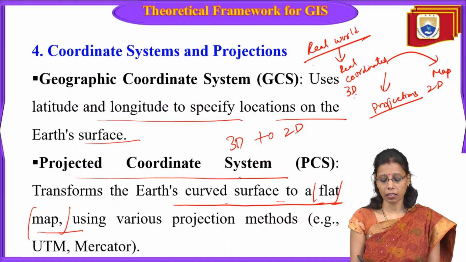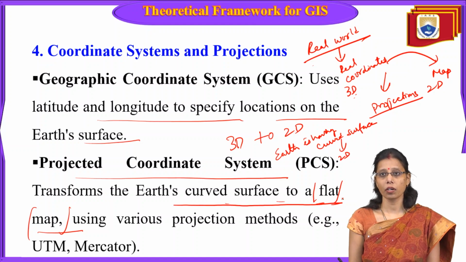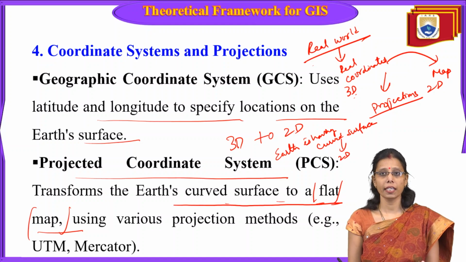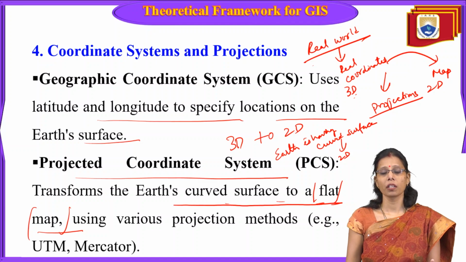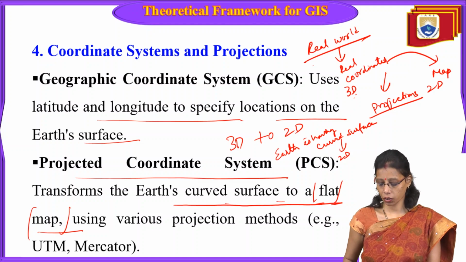Earth has a curved surface, and converting this curved surface to a flat surface is called projecting the coordinate system. Now the geographic coordinate system assigns the latitude and the longitude. Earth actually has the latitude and longitude coordinates. When you want to transform, the transformation can only be done through projections. Transformation means converting the real world to the map system, and that is what the theoretical framework for GIS is.